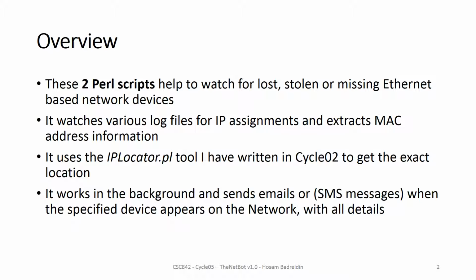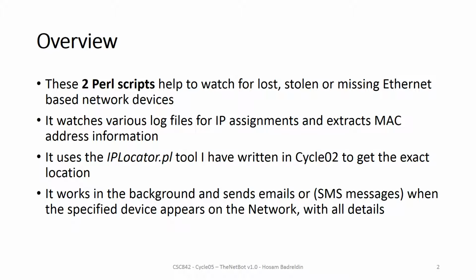So this tool mainly contains two Perl scripts. One is called IP watch and the other is MAC watch. I actually started with the macwatch.pl file, where you give the script a MAC address.